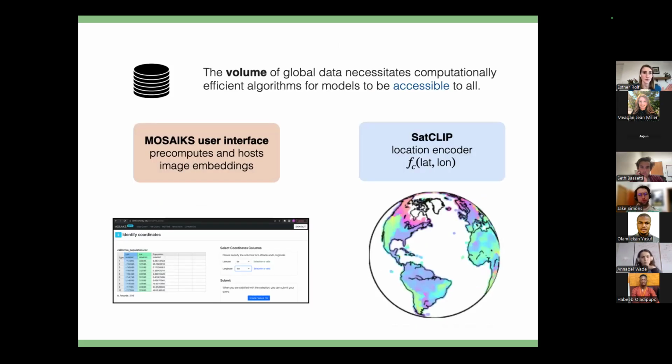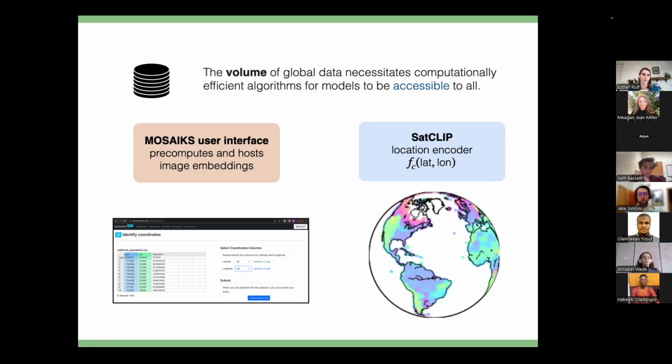I know we're moving really fast here, but the common thread is that when we're working with remotely sensed data, we're working with an immense volume of data, and it becomes very hard to make these models and machine learning systems accessible to the different types of researchers who would want that global information. So both the Mosaics and the SatCLIP projects are about making that global data very accessible, and they do this in different ways.